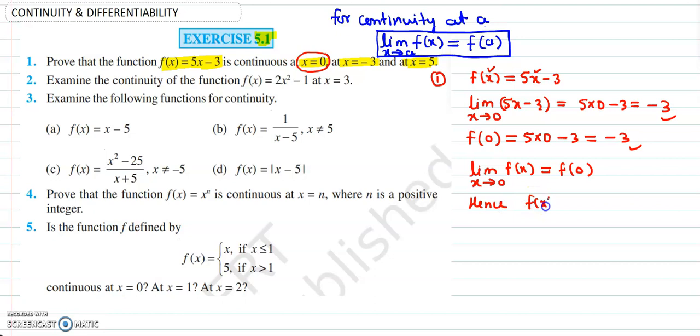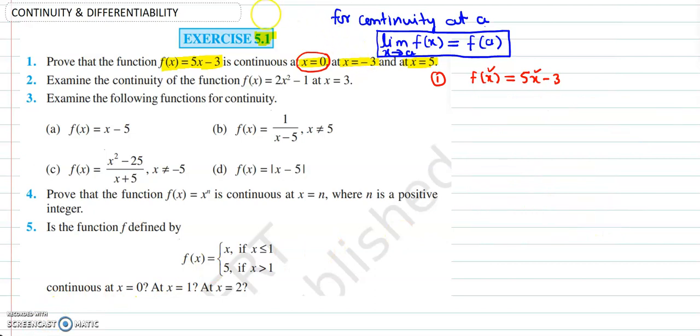Hence f(x) equals to 5x minus 3 is continuous at x equals to 0. Okay, now we have to check continuity at x equals to -3.